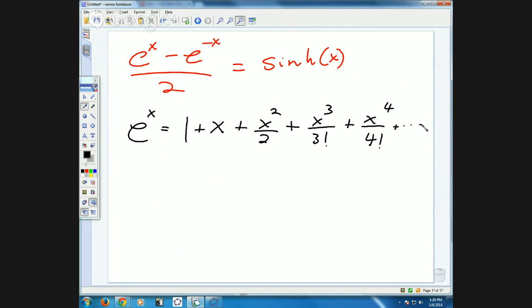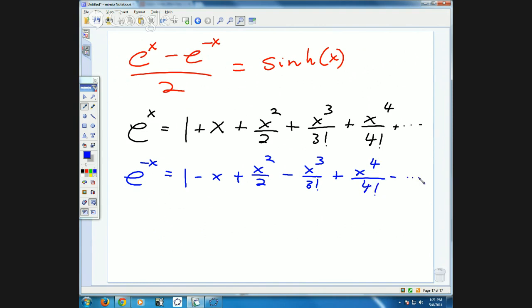Now let's write down a formula for e to the negative x. So that means we have to replace x with a negative x. Well, 1. If I replace x with a negative x, what's the next term? Negative x. If we square negative x, what do we get? Positive x squared? That's not too bad.